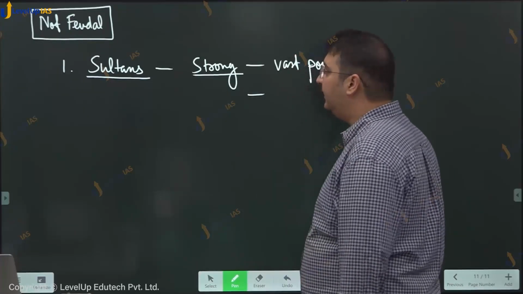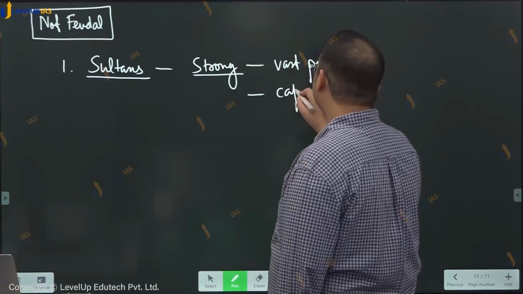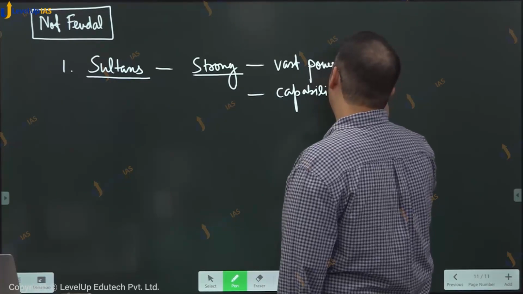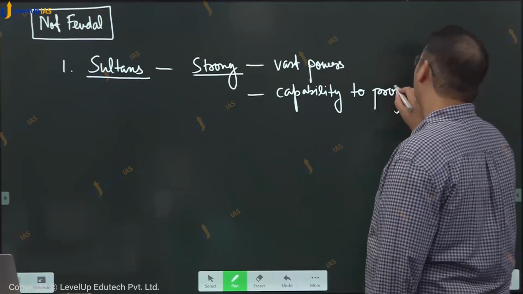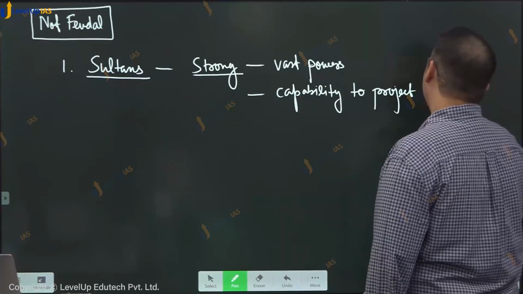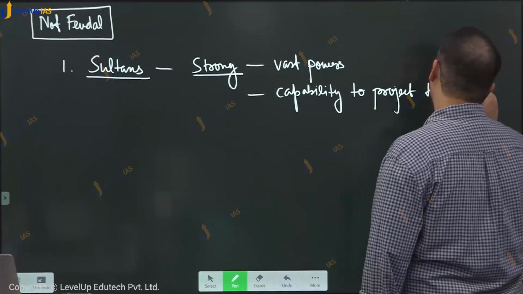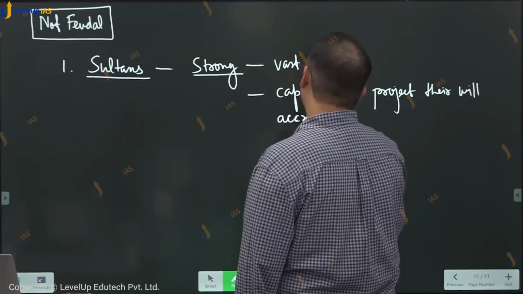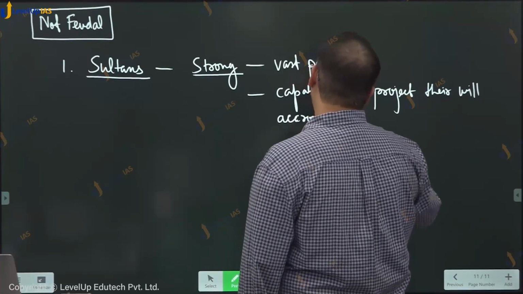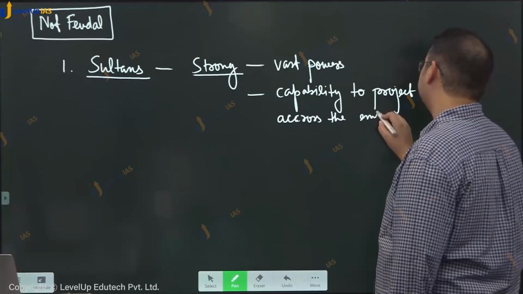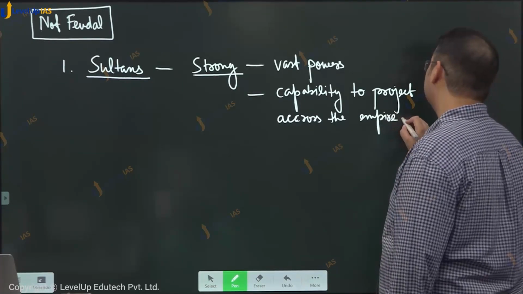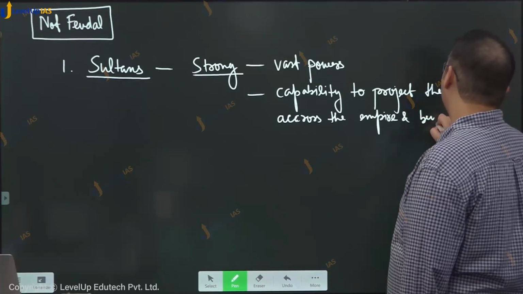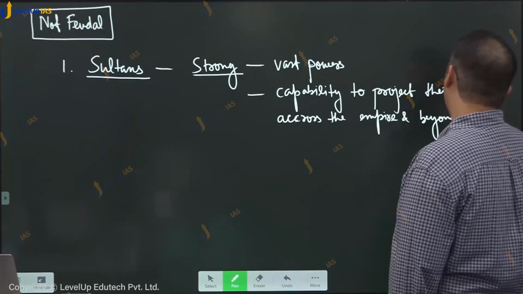They had an enduring capability to project their will in every corner of the empire, and even beyond it.